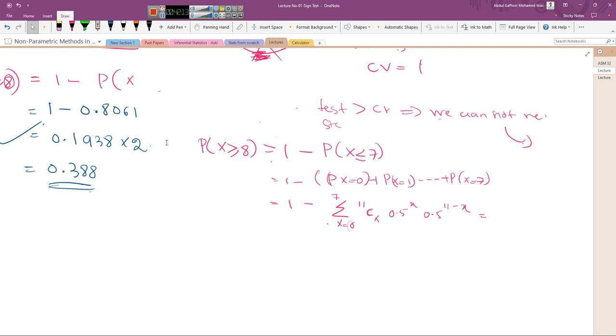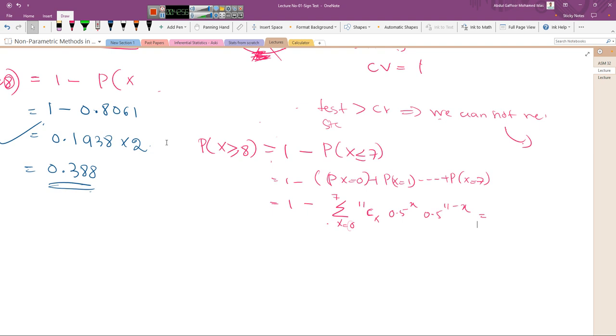Anyways, summation 11 C x times 0.5 to the power x into again 0.5 to the power 11 minus x. Now here this is 0 and this is 7, yeah.